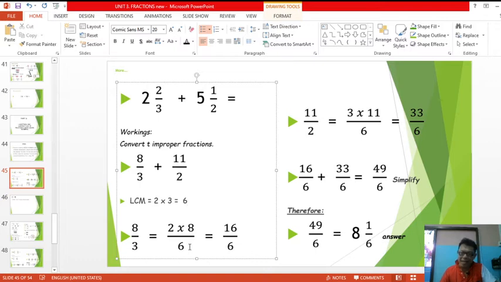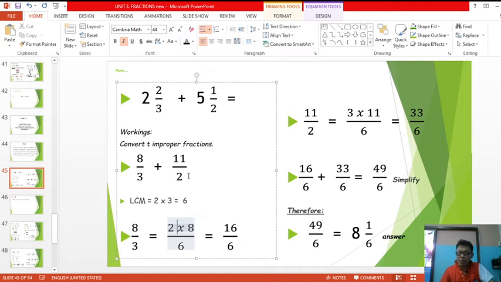Again, the same thing I taught you in previous videos. 6 divided by 3 is 2. Then multiply with the numerator 8, so we have 16 over 6. So the new equivalent fraction of 8 over 3 is 16 over 6. Now let's deal with this fraction.